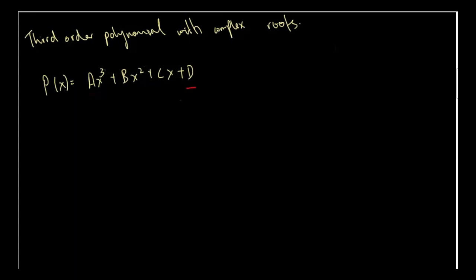Now we need to focus on two parts in this cubic function. One is the d, which is our constant, and the other is the coefficient of the x cubed.